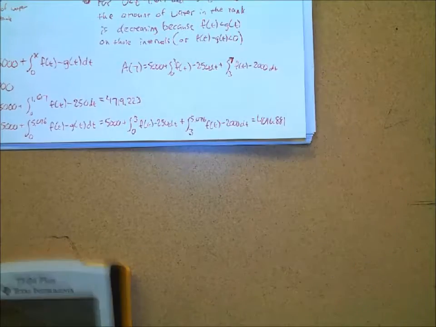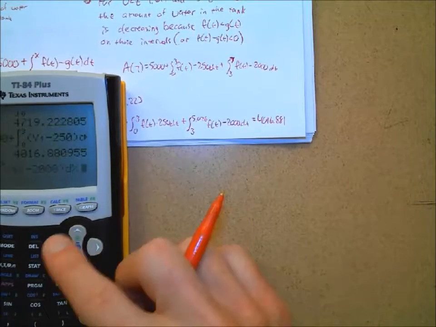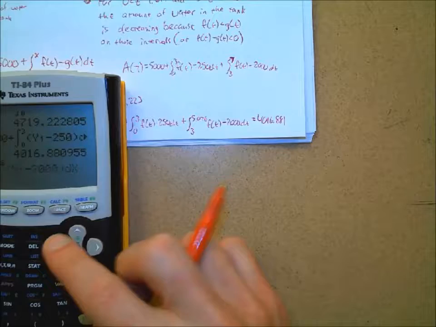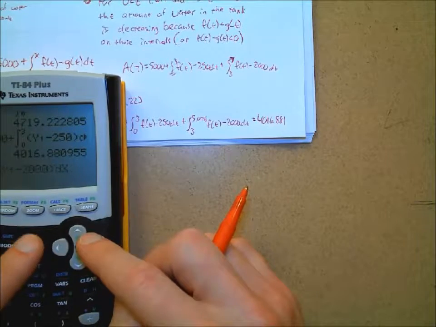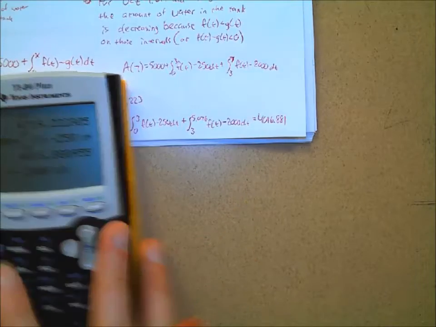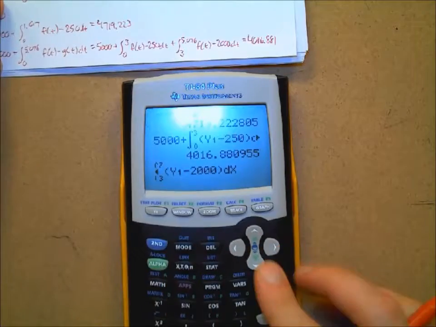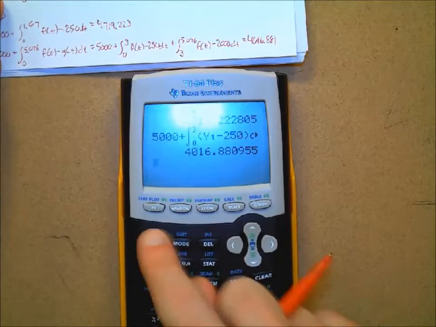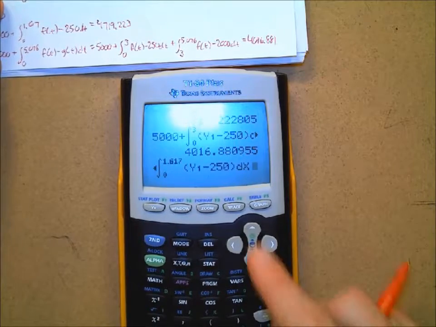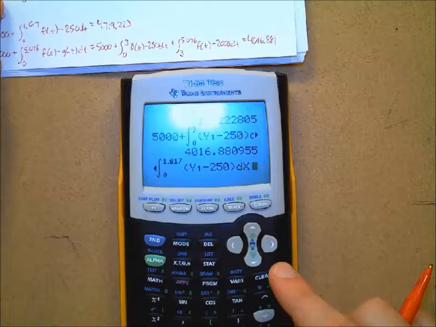So the good news is I can just hit second enter and change my upper limit of integration here. For those of you that don't know, what I did here is I hit second enter, and it brought up the previous thing that I had typed. If you didn't know that, that's something you can do.